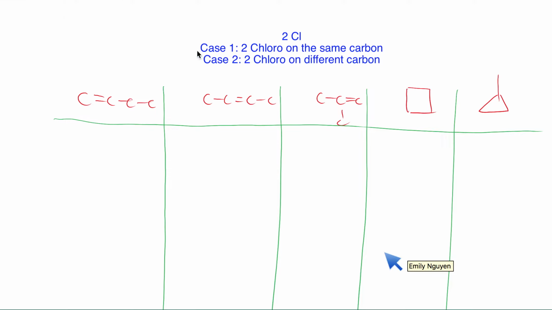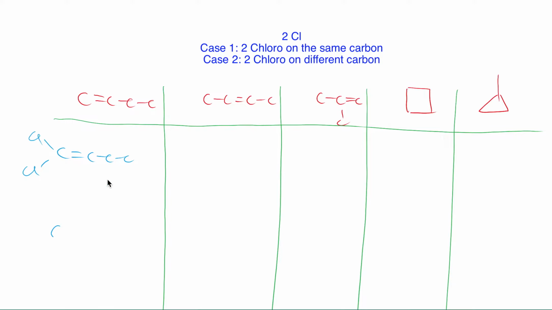Let's consider first of all the 2 chlorine atoms on the same carbon. They could both be on the first carbon, and then they could both be on the second carbon. That's impossible. They can't both be on the second carbon because the second carbon already has 3 bonds. However, they could both be on the third carbon.